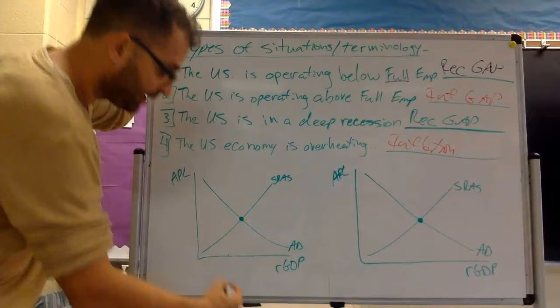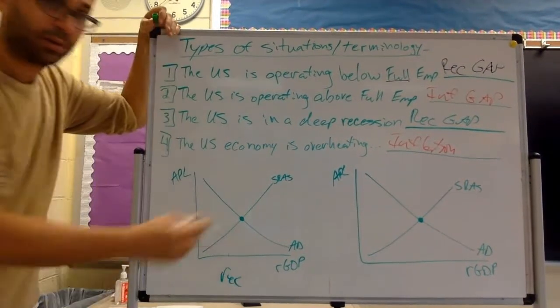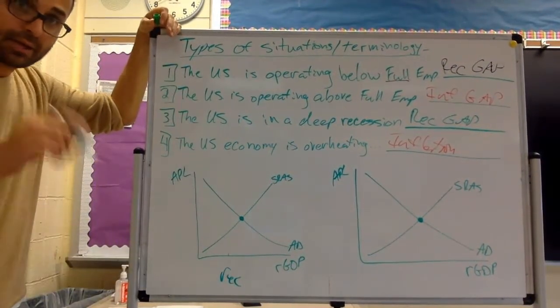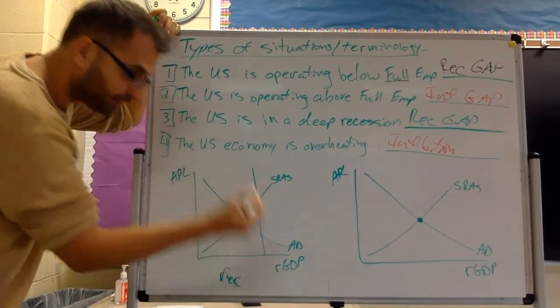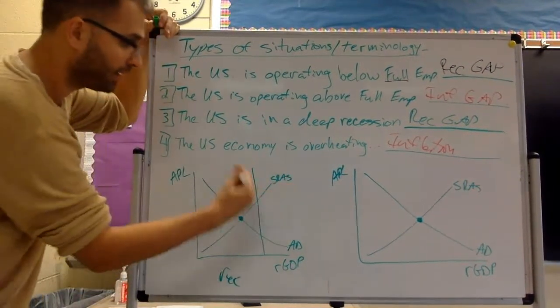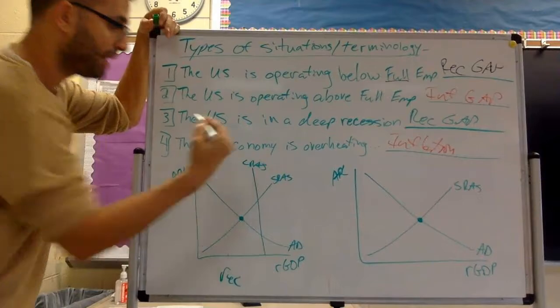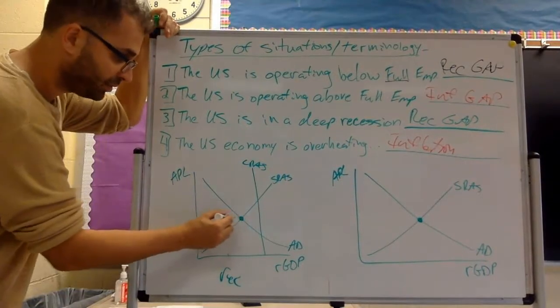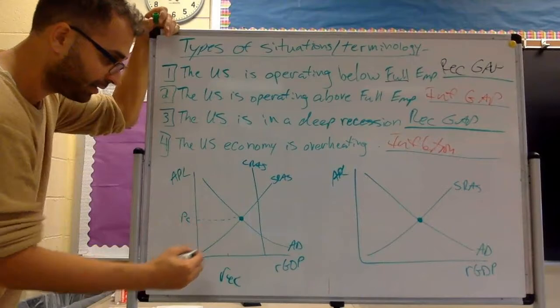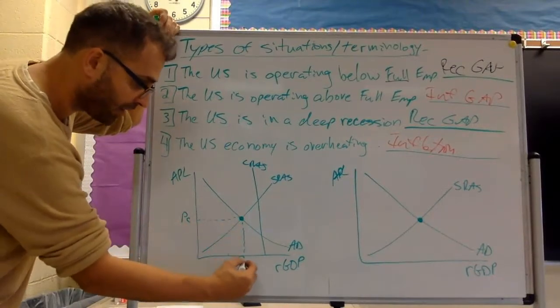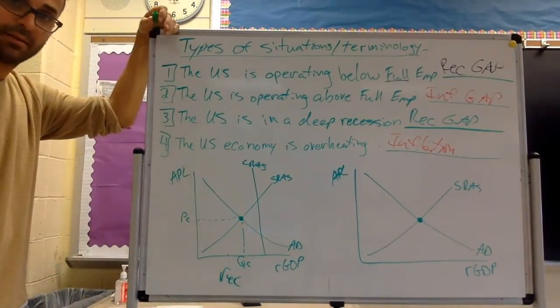If I want to draw a recessionary gap, where do I put the long run aggregate supply? The correct answer is the current must be to the left of the long run. So the long run is to the right of the current. And then I label long run aggregate supply, and then I can label my price at current output, and my quantity current.